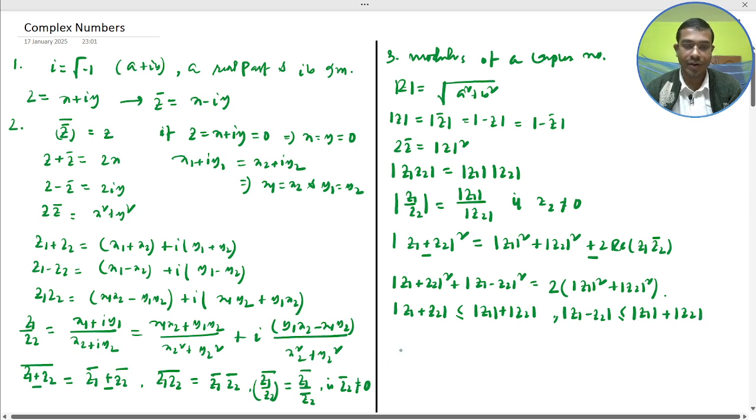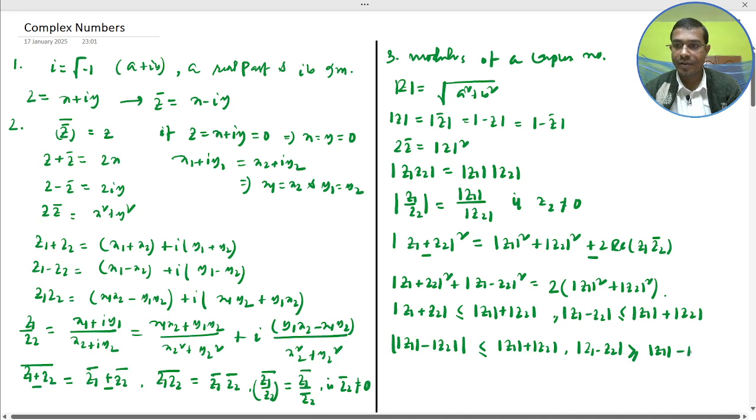And the next one, mod of (mod z1 - mod z2) is less than or equal to mod z1 + mod z2, and here it is also satisfied that mod z1 - z2 is greater than or equal to mod of (mod z1 - mod z2).